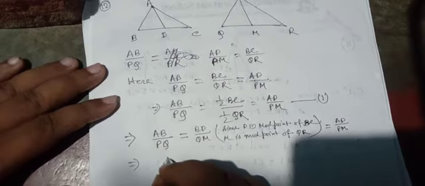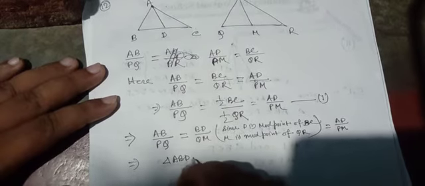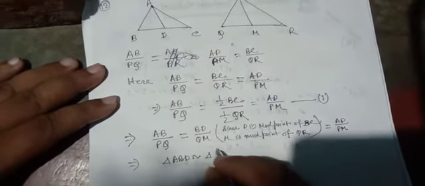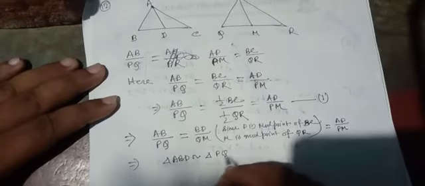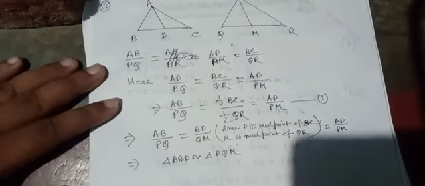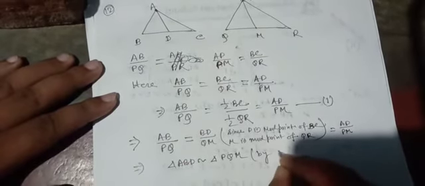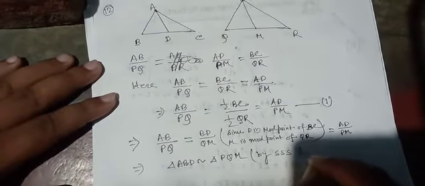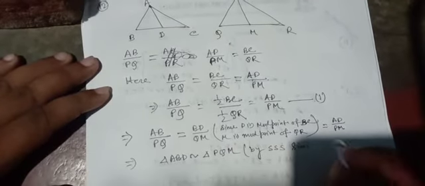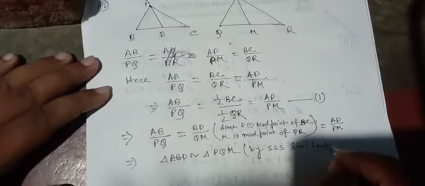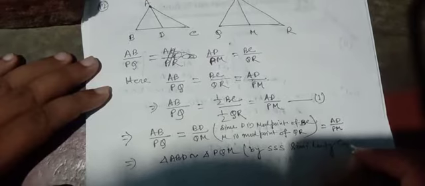That implies triangle ABD is similar to triangle PQM by SSS similarity criteria.